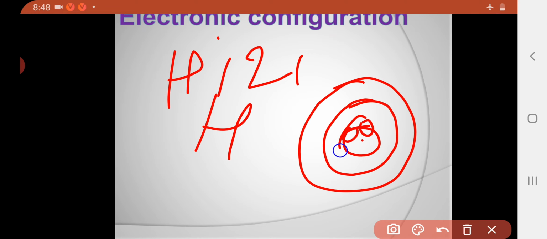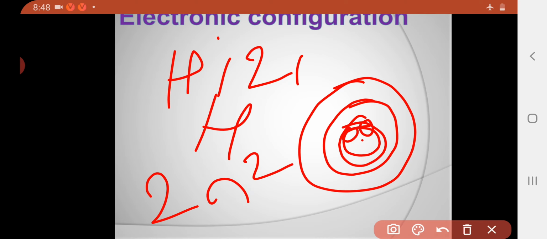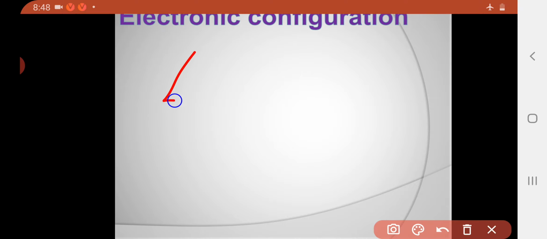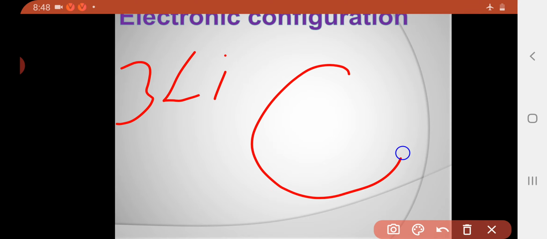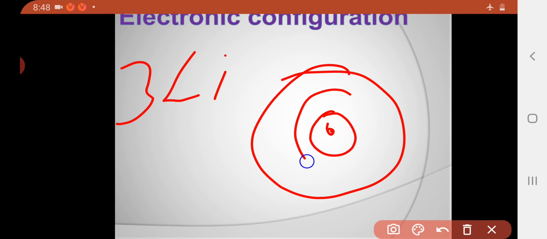So this shell is over now because we know the 2n square rule. Then if you take the atomic number of lithium, lithium is 3. If you take the atom, the first nucleus is there, and the capacity of the first shell is 2. The K shell takes 2.